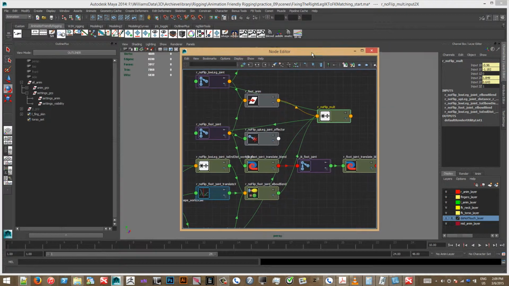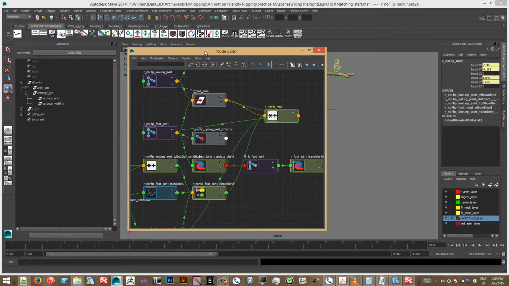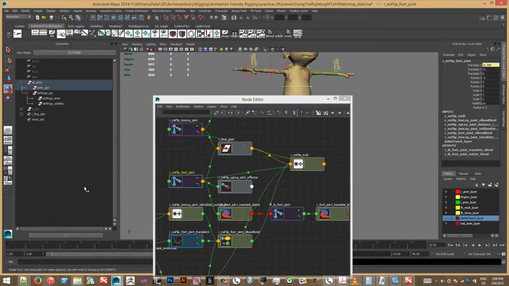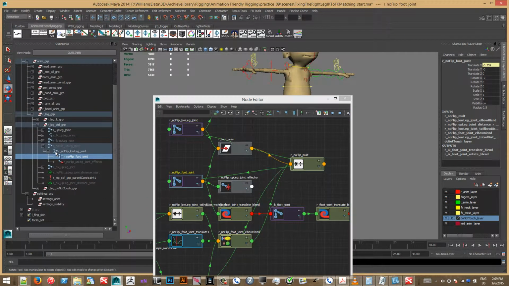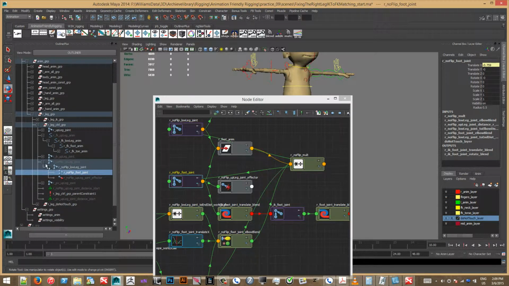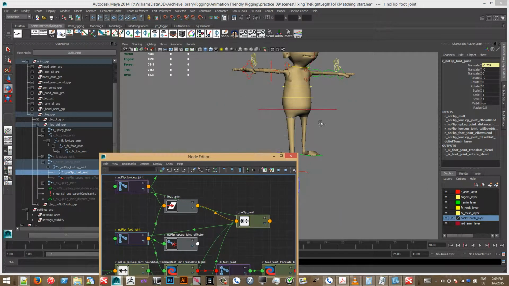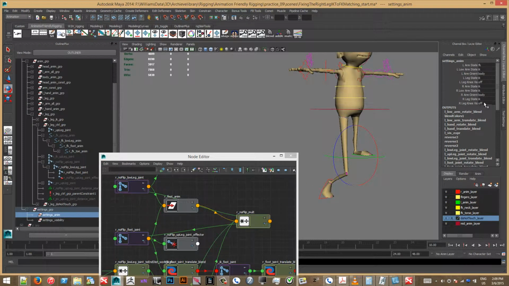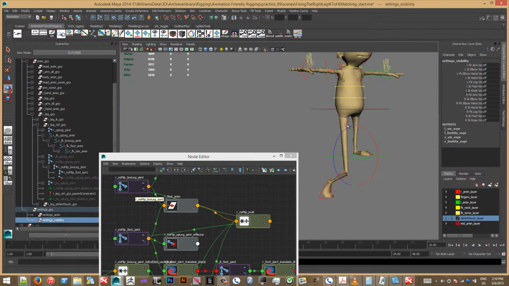All right. I'll look at here. And I think we're good. Let me switch over to FK mode for the leg. FK1. Sorry, I just need to get this set up a little.